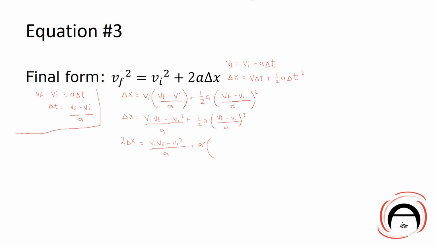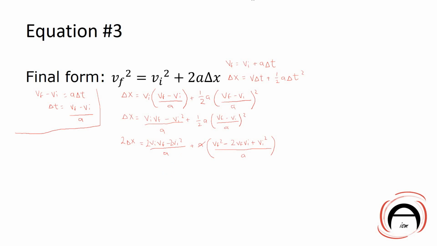And if you square this top part, you're going to have Vf squared minus 2 times Vf Vi plus V initial squared over this A.